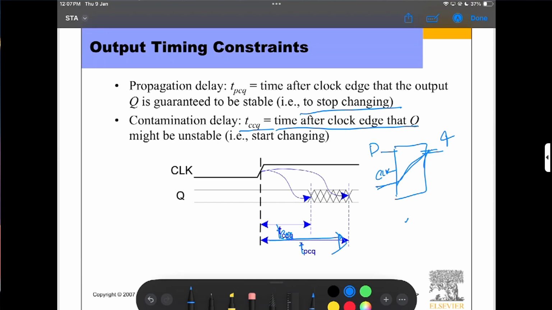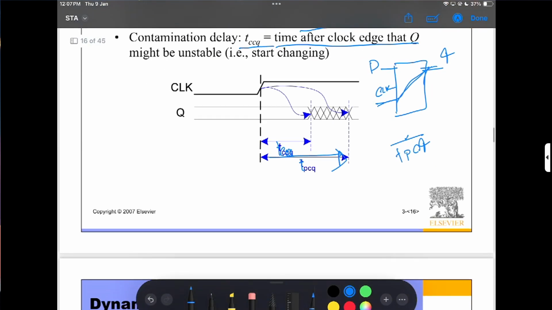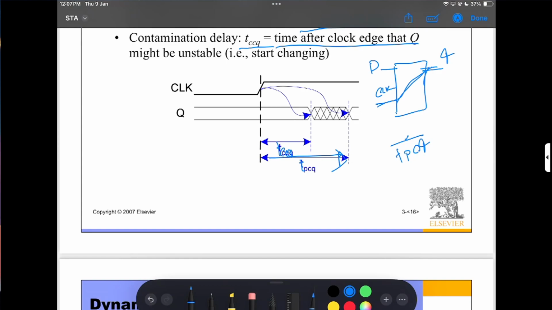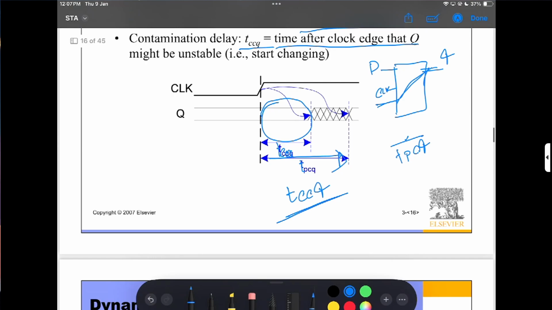For my circuit, clock to Q should be stable, so that is the maximum time, TPCQ, and the minimum time delay is TCCQ. So clock-to-Q delay, but with contamination delay the circuit will be stable.